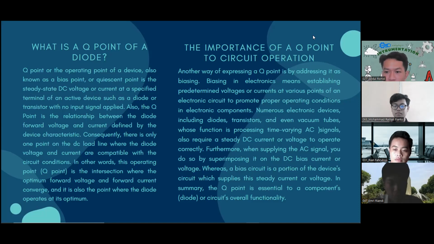Furthermore, when supplying the AC signal, you do so by superimposing it on the DC bias current or voltage, whereas a bias circuit is a portion of the device circuit which supplies this steady current or voltage. In summary, the Q point is essential to a component's or circuit's overall functionality.